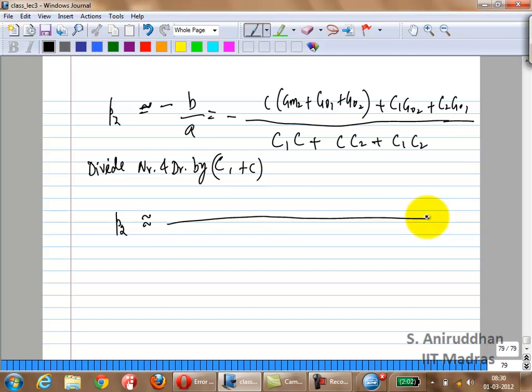What do you get? You get minus of... I'm going to write it, separate out the terms and write them in a specific way. GO2, because I'm going to combine these two terms. That gives you GO2.